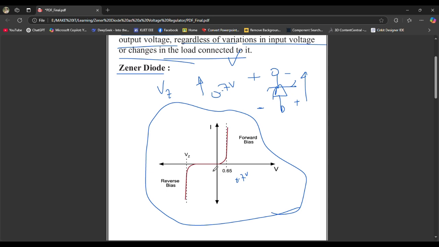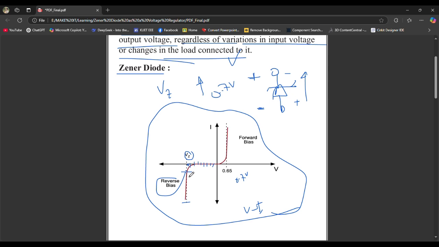So you see in these VI characteristics, in reverse bias, that means making positive here and negative here, we are increasing the voltage across this diode and it's not letting the current flow. But after reaching a certain voltage, which we call Vz, it works as a short circuit and lets a huge current flow through it.